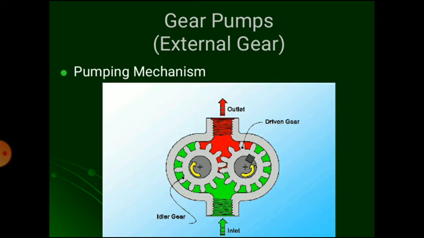Two ports, inlet and delivery ports, are provided. In this diagram, the inlet port and the outlet port are indicated. The gears have 12 teeth, which reduces the variation of output flow rate and noise level.